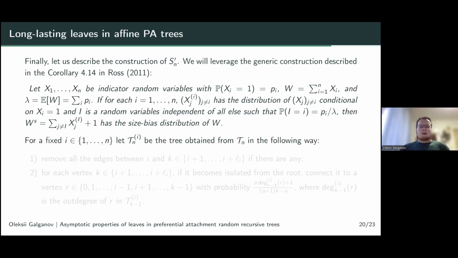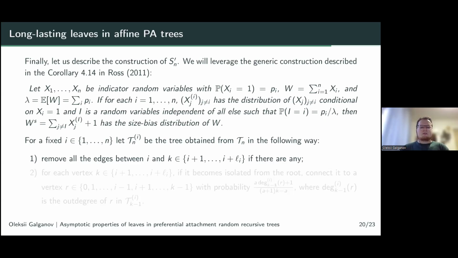In our case, this size-biased tree would be obtained in the following way. We start with the original tree Tn, and for a fixed I from 1 to n, we define this new version as follows. First, we remove all edges between I and all vertices k, from I plus 1 to I plus li, if there are any.